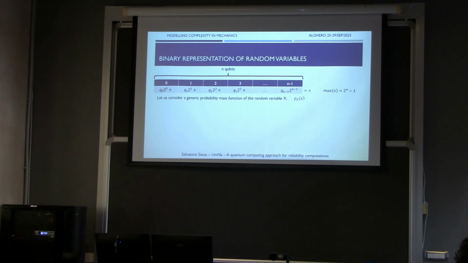Then, if we consider a probability mass function, that is just the probability density function relevant to a discrete random variable, then I can compute the marginal probability relevant to each one of these qubits. This is the determination that every single qubit is equal to 0 or 1 consistently with this function here. And this can be done in closed form because it is just a couple of summations.